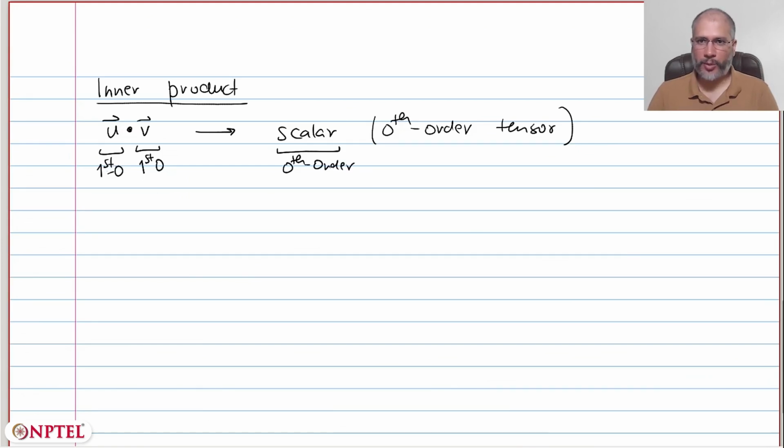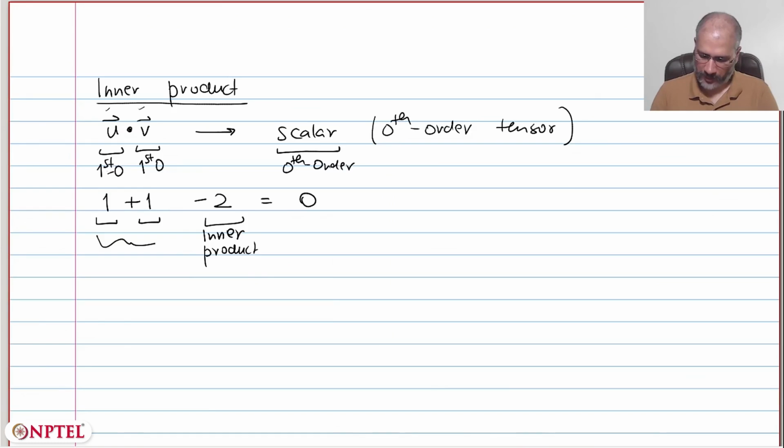So I can write some sort of an equation which says 1 plus 1 minus 2 equals 0. So what we are doing here is taking the input tensor orders, which is 1 plus 1, because u was order 1, v was order 1, and then you add them. But when you do an inner product, the inner product results in a minus 2.